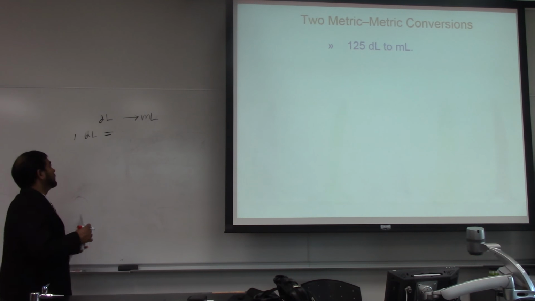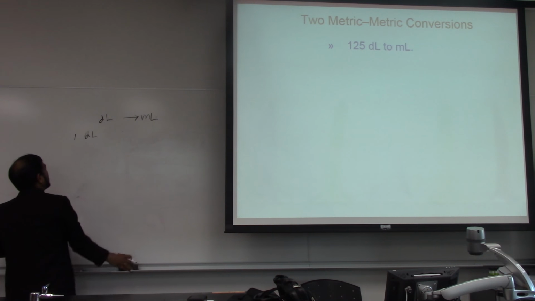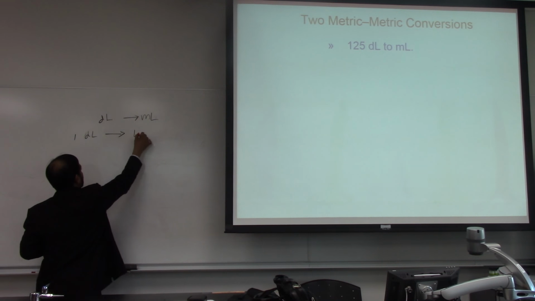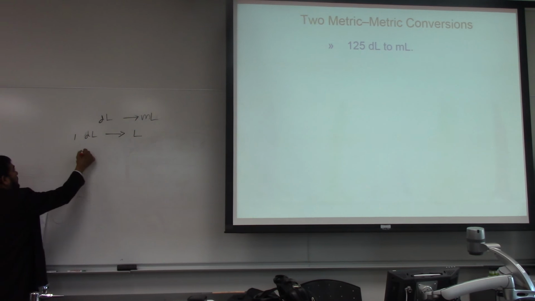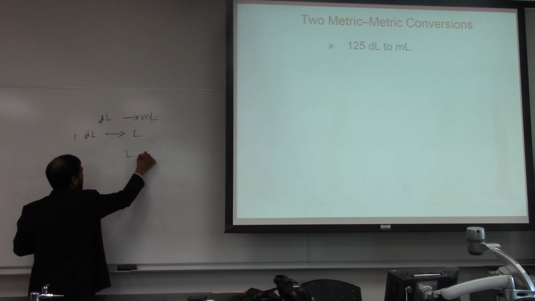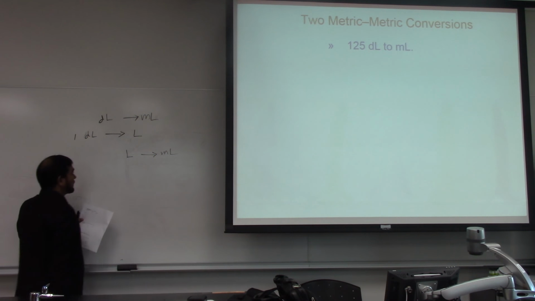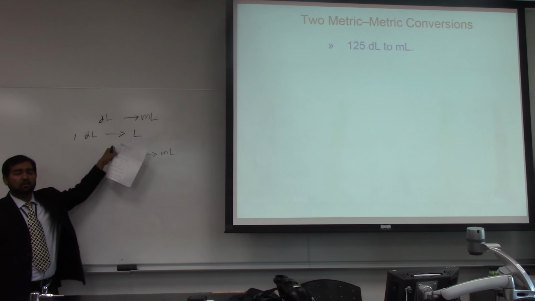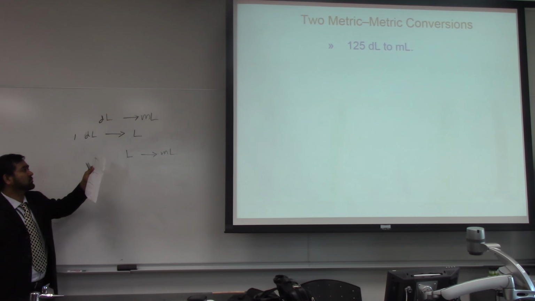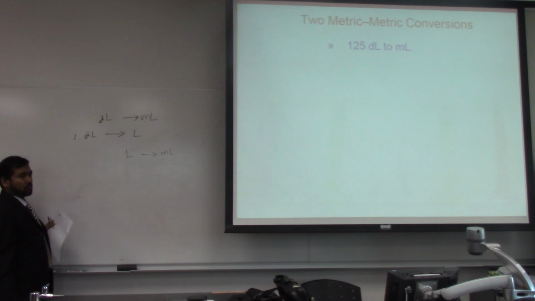So first of all, we need to convert from deciliter to liter, and then liter to milliliter. From deciliter to liter, what is the factor you have in here? You say deci equal to 10 to the -1.